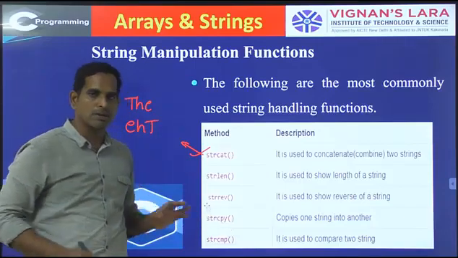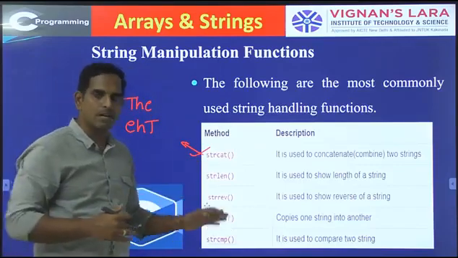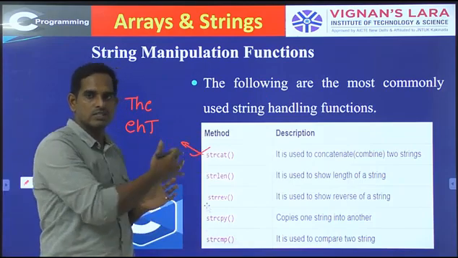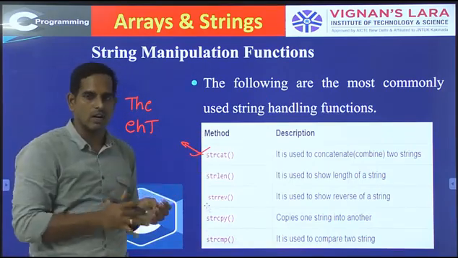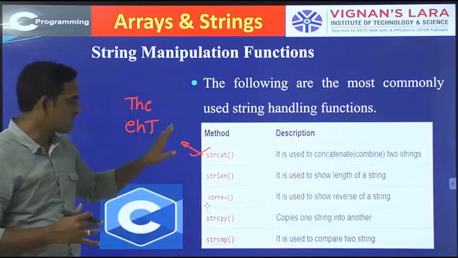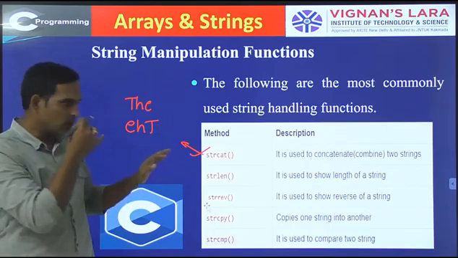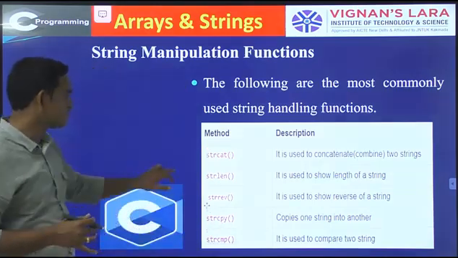Next, string copy copies one string into another. String compare compares two strings and tells which is larger, that is, whether they are equal or not. These are the various operations that can be performed on strings. We will look at these string functions one by one.